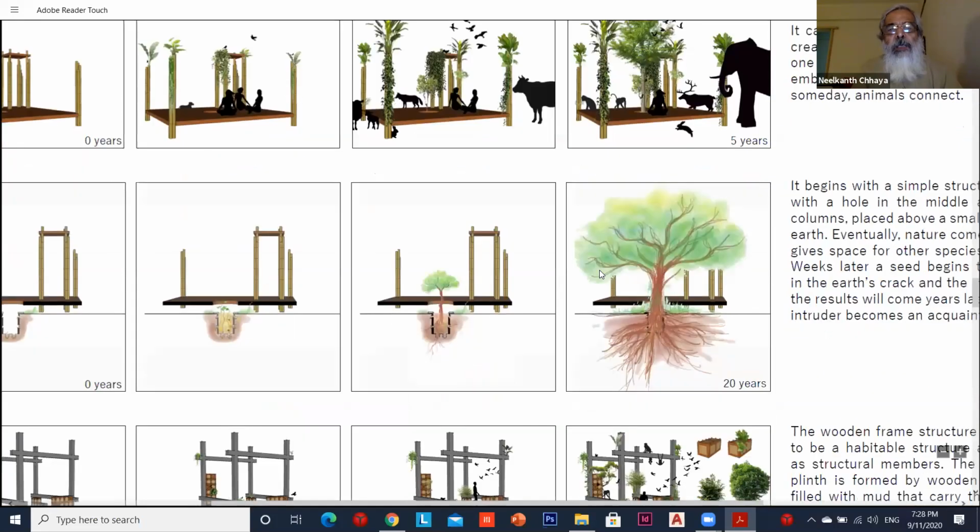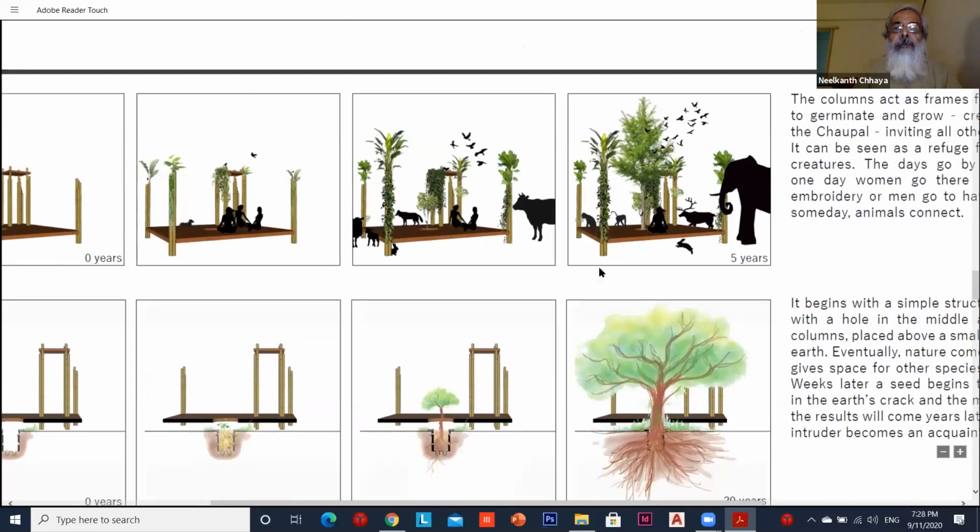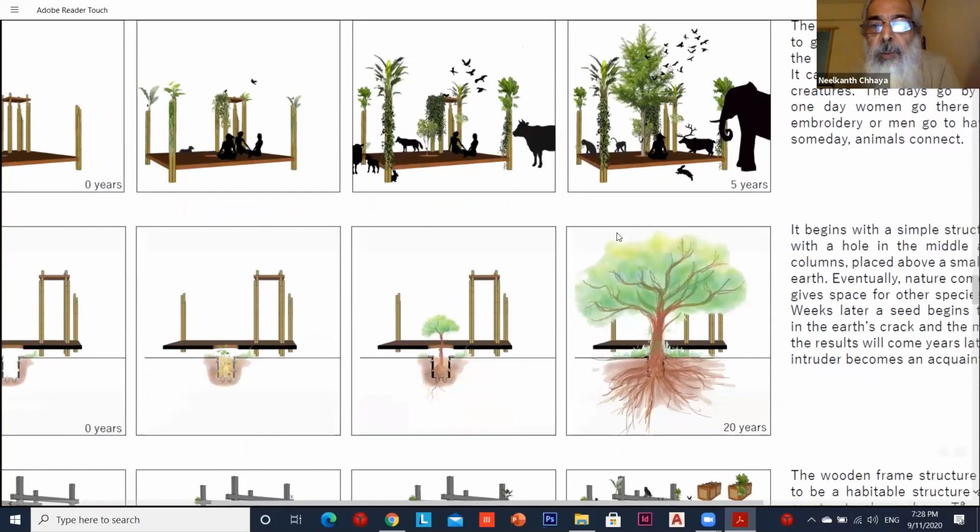How big are the trees becoming? It depends on the species that will germinate there. You've got 20 years at the bottom here? Yeah. That is how tall. It's a microscopic tree here. In 20 years, a neem will grow 40 feet, 12 meters.